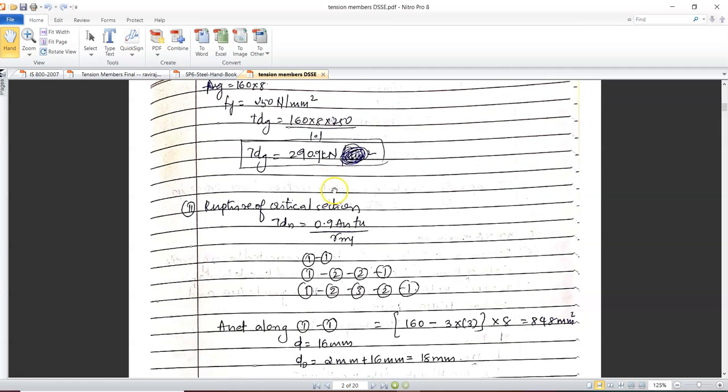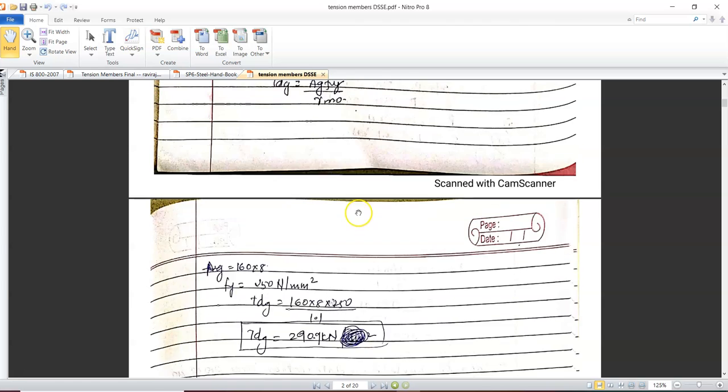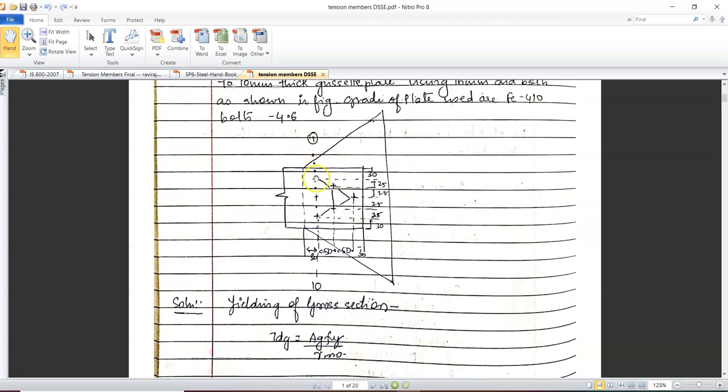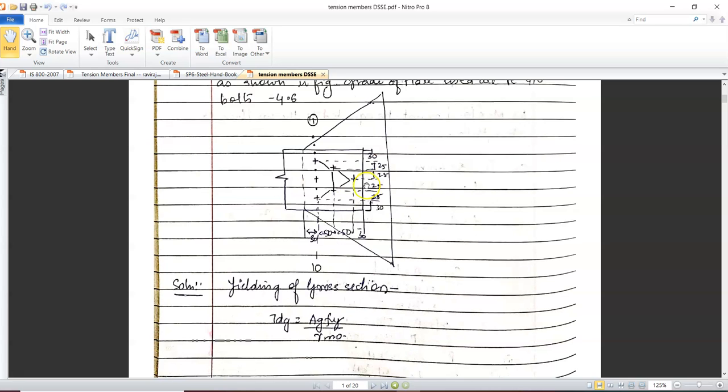The second critical section is 1-2-2-1, this one, and the last one is 1-2-3-2-1. This is section 1-1, section 1-2-2-1, and section 1-2-3-2-1, like this.